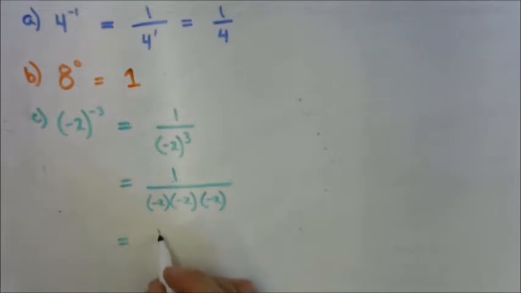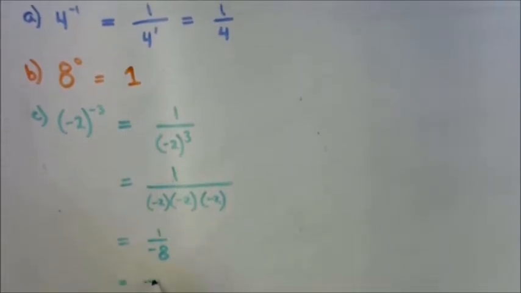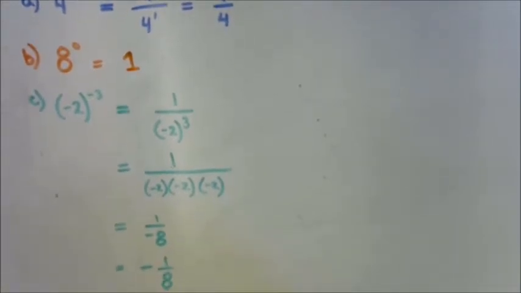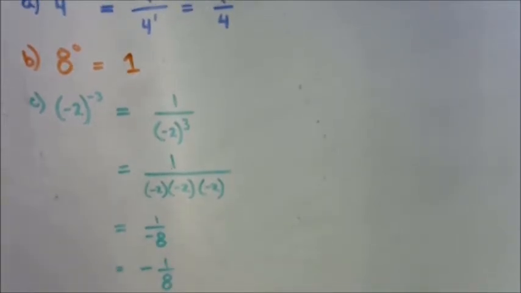So we have 1 over negative 8. And if we wanted to simplify that properly, we don't want a negative in the denominator. So this is just negative 1 over 8. And I can do that because a positive divided by a negative is a negative. Okay? Good. Let's look at D.